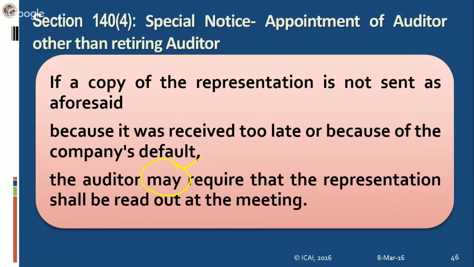Students, if the representation is not sent as aforesaid, along with the notice which was sent to the members of the company, because it was received too late or because of the company's default, the auditor may require that the representation shall be read out at the meeting.